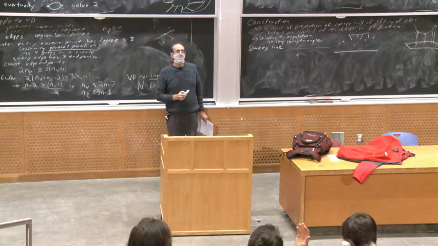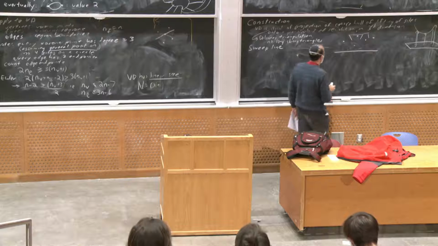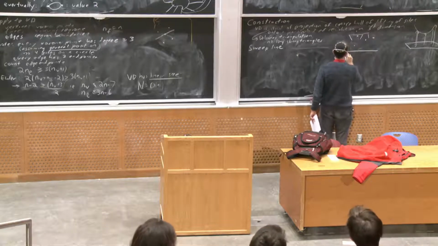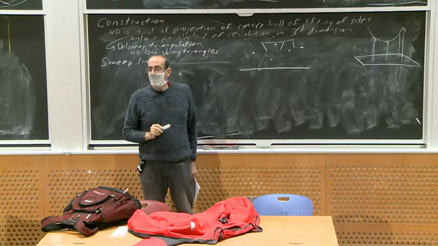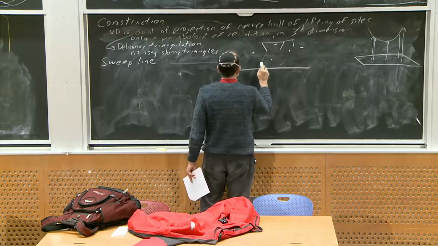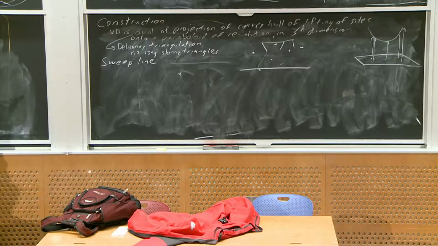No, because the next point might be right under it. I may think, great, this is my Voronoi diagram. But what if there's a point right here? That point might own some of the area above the sweep line and change what the Voronoi edges are above the sweep line.